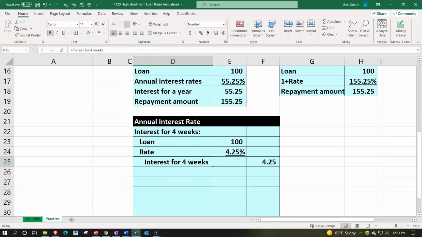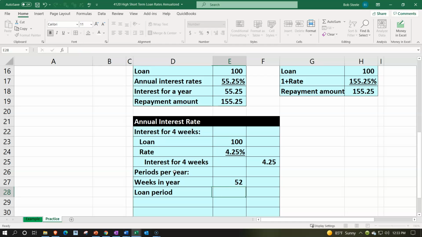And then we've got the periods per year. If we think about the periods per year to annualize this again, we've got the weeks in a year, which are 52 weeks, which we'll just know. We just want to memorize there's about 52 weeks in a year. And then the loan period we said was 4 weeks. So there's 52 weeks in a year. The loan period is a 4-week loan.